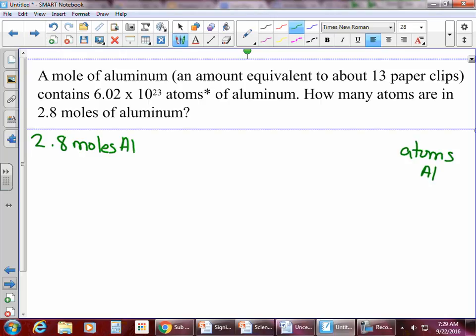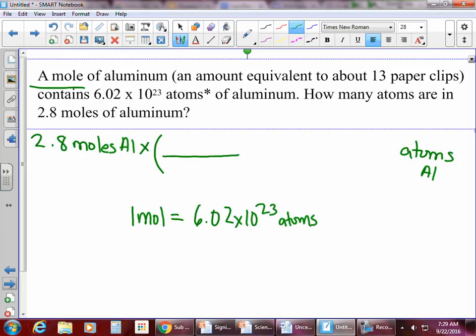Now my conversion factor is actually in the problem. It says a mole, so 1 mole equals 6.02 times 10 to the 23rd atoms. That is my conversion factor, or my equality, so I'm just going to plug it in.